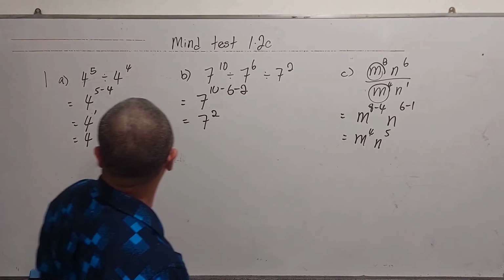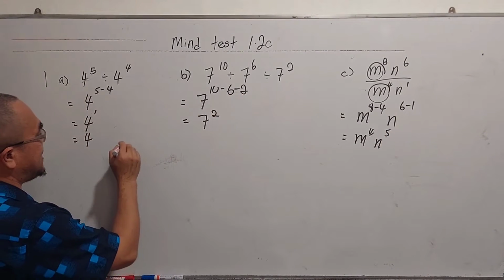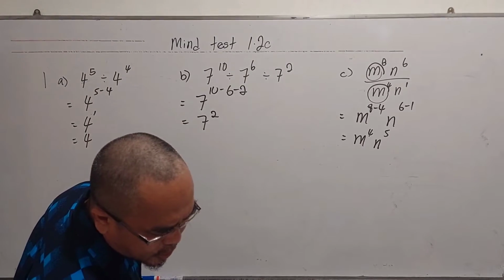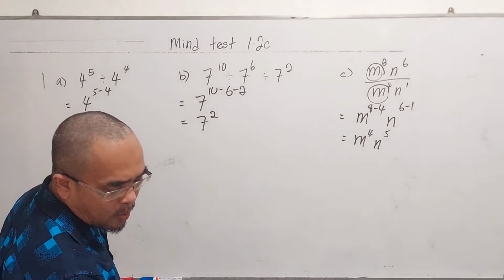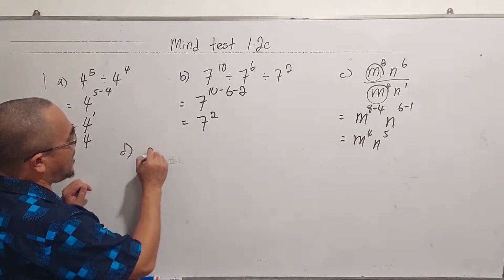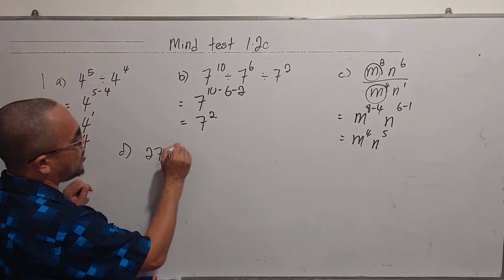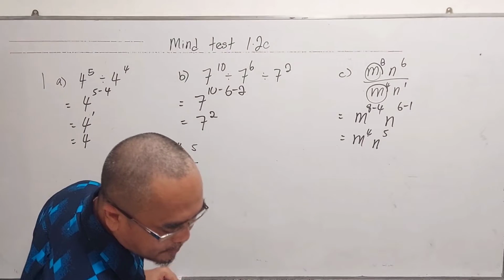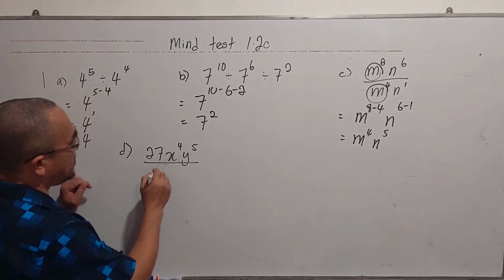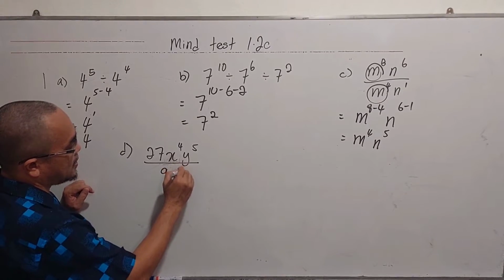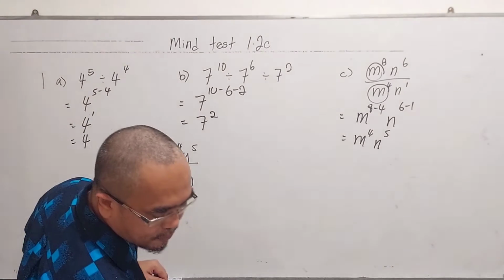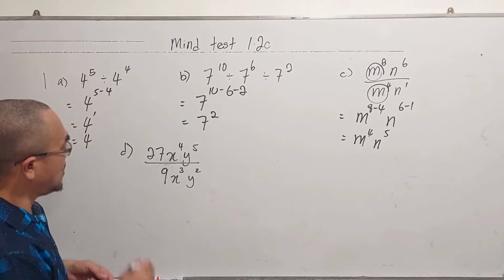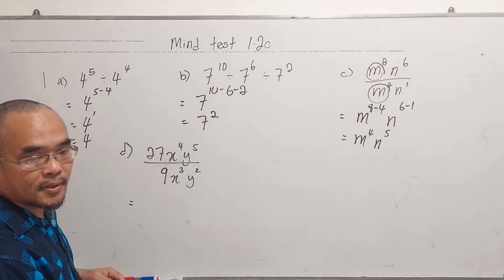Okay, let's continue with D. What is the question? 27x to the power of 4 y to the power of 5 divided by 9x to the power of 3 y to the power of 2. Can you guess what we have to do here? 27 minus 9?